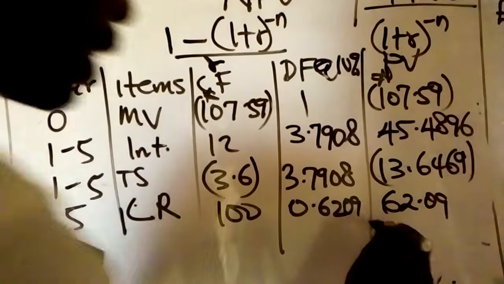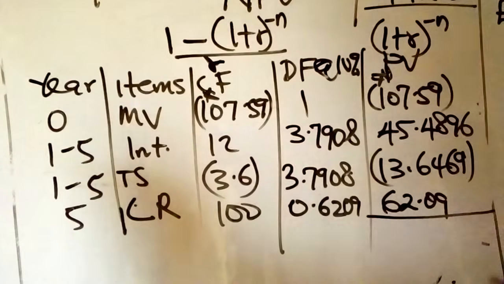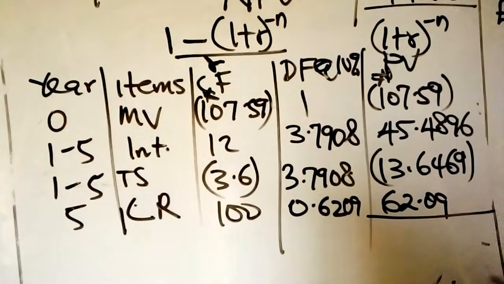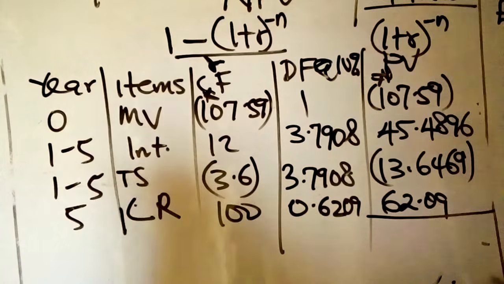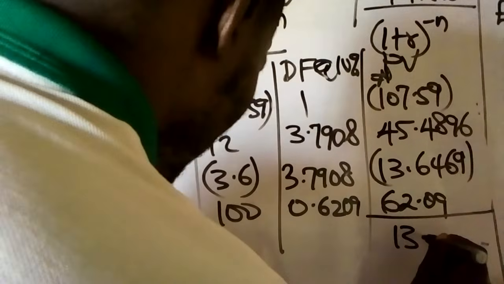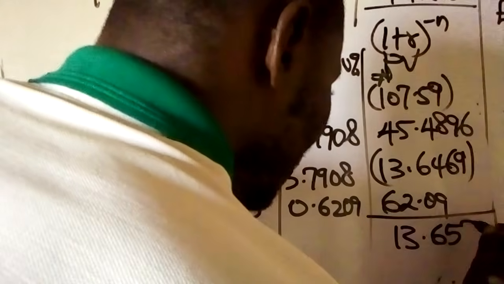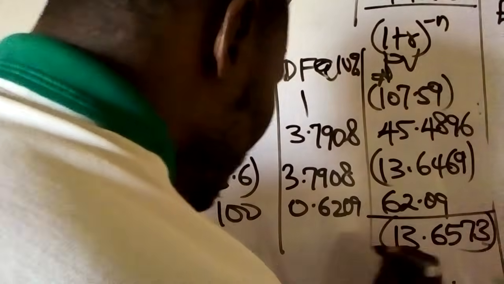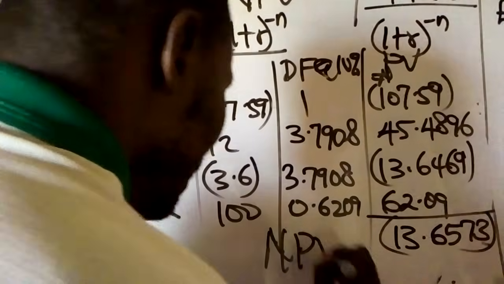So when you sum up this: minus 107.59, minus 13.6469, plus 62.09, plus 45.4896, then you have minus 13.6573. So this NPV is negative.